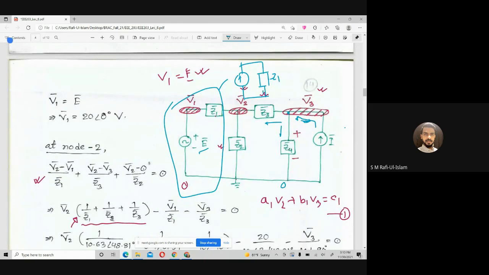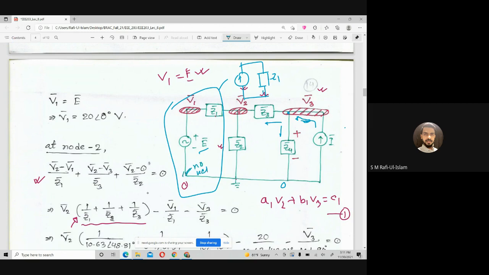But why didn't we use the super node concept there? Because that voltage source is connected between a node and the reference node. So we don't need to apply any super node, because we are not writing any KCL there.